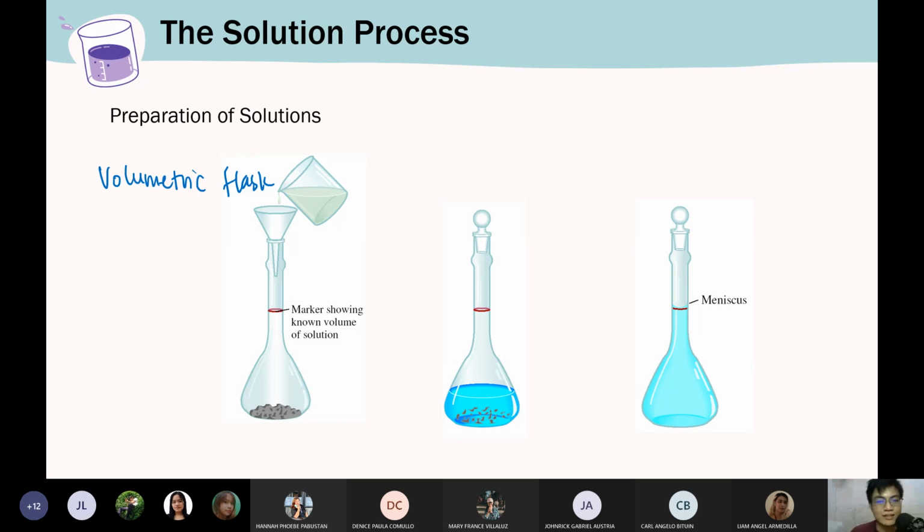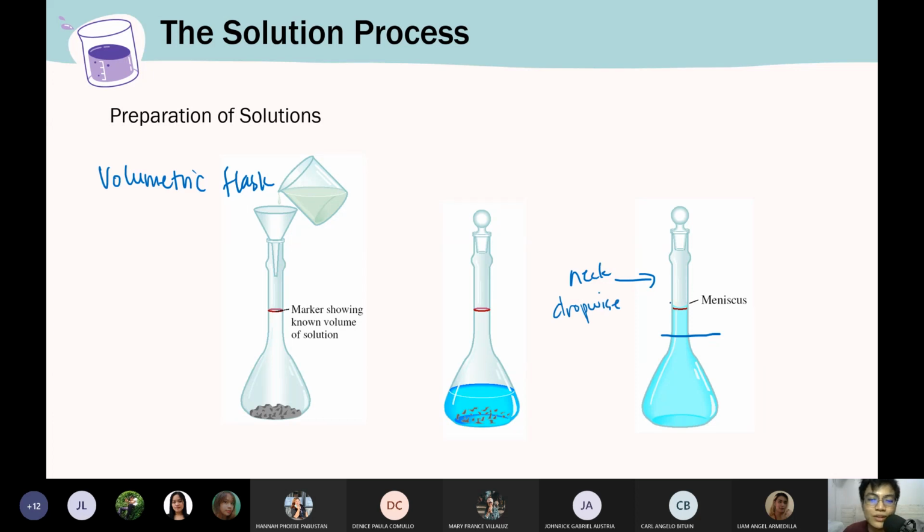And then once everything is dissolved, you remove this cap again and then you fill it up to the lower meniscus. Once you are in the neck, okay, pag nasa neck ka na, this part is called the neck. Okay, so pag nasa neck ka na, you add water dropwise. Dropwise na yan.